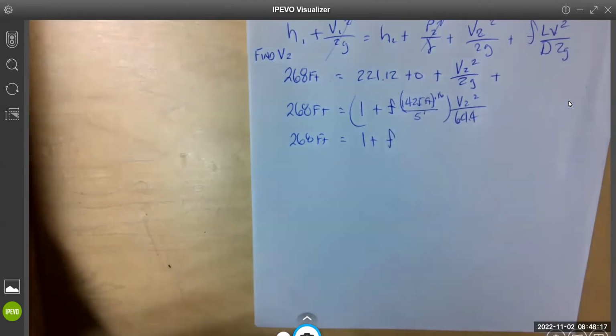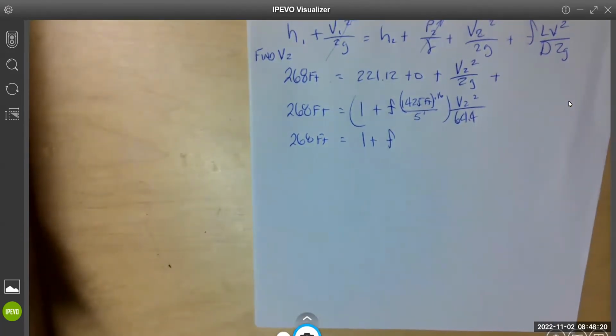Again, I'm just boiling this down, gonna do the division. This is setting up the equation that we can run the trials with.